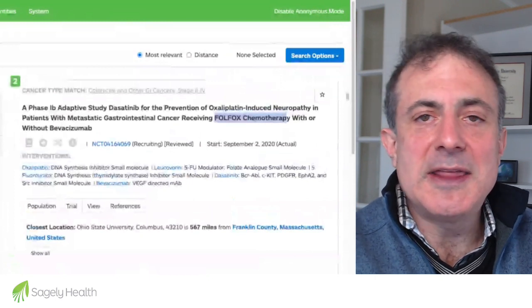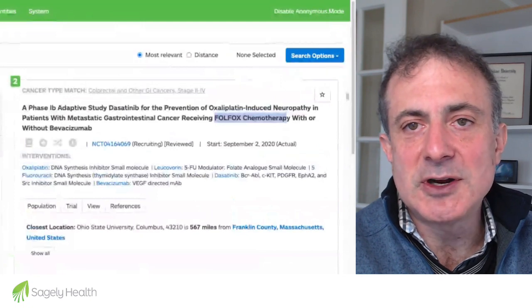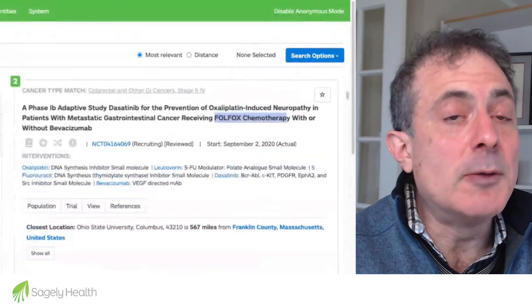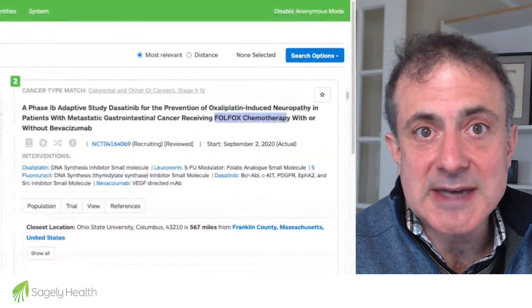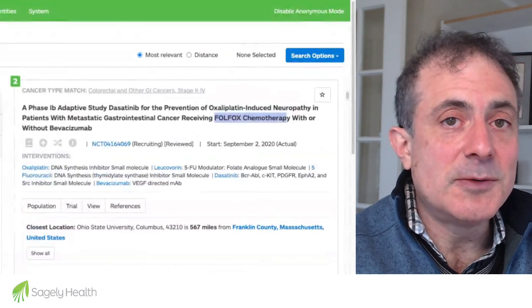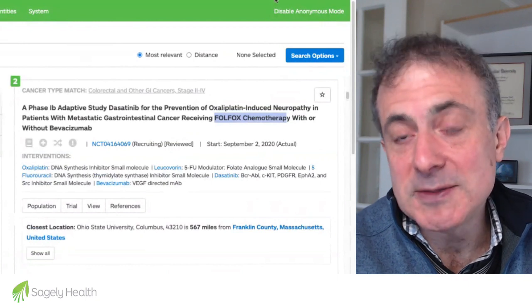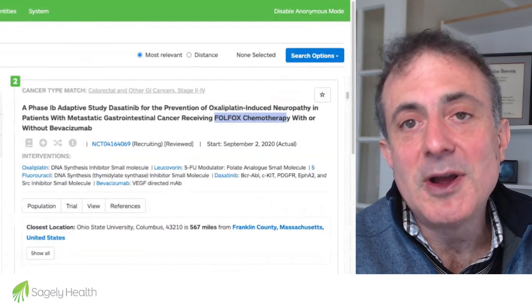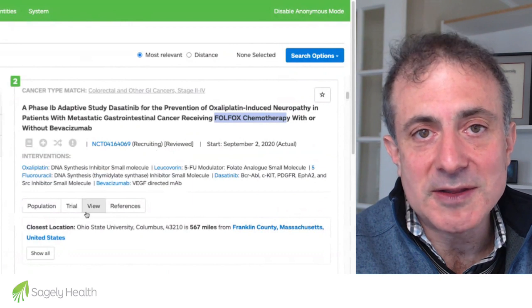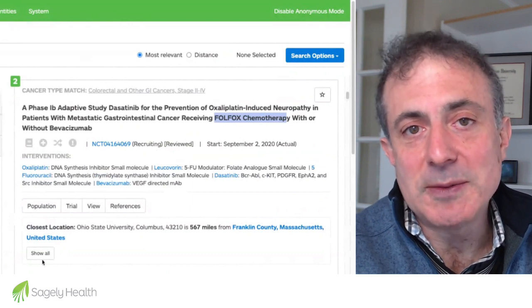So there are a number of different avenues here. Sure, it would already be good to get the standard of care, and we have the potential of doing even better by directing patients, especially if these trials are close to them, matching them and getting them on trials that have the potential of doing better.